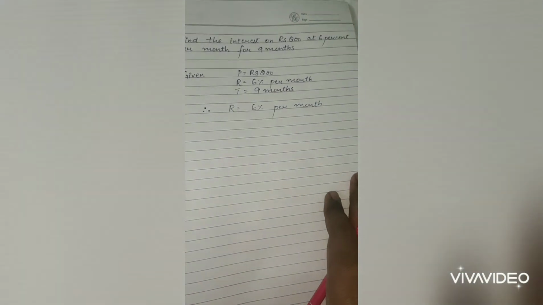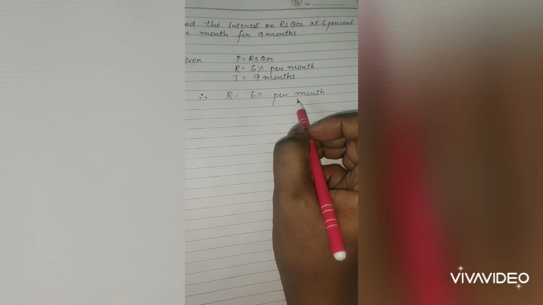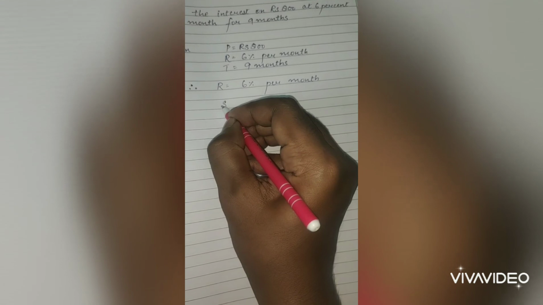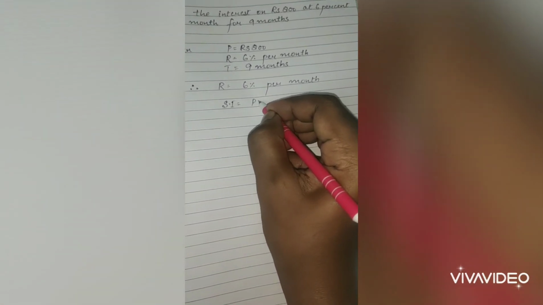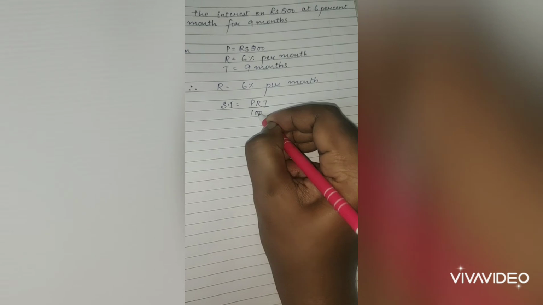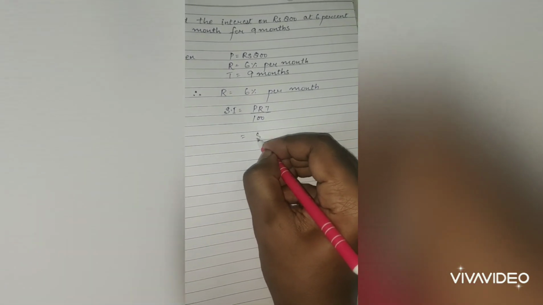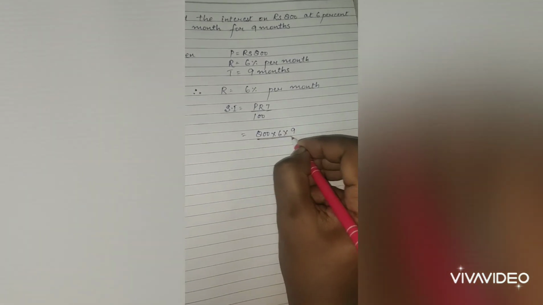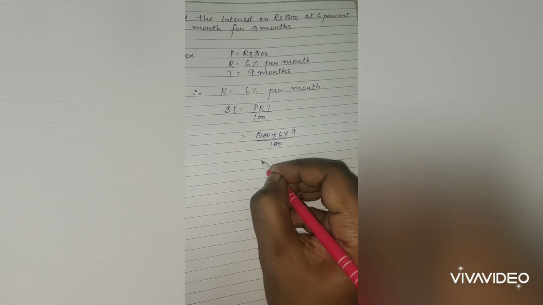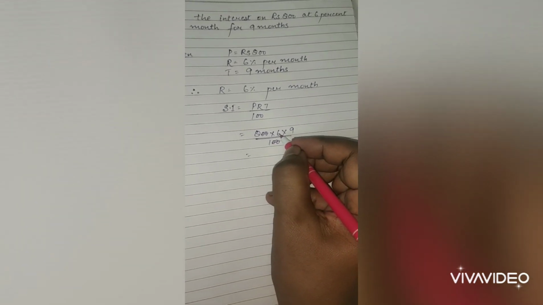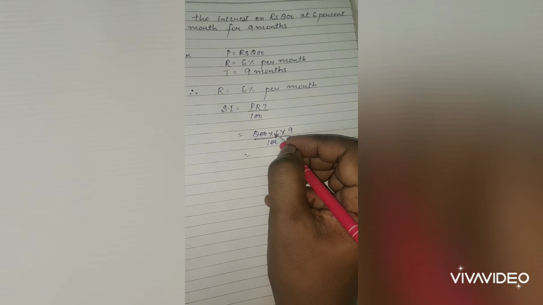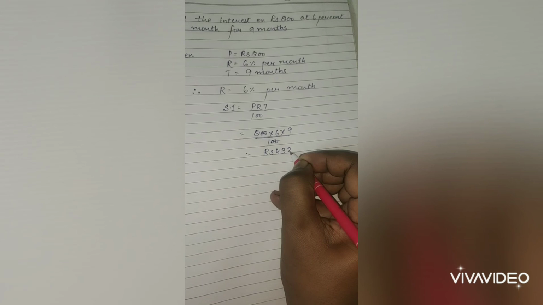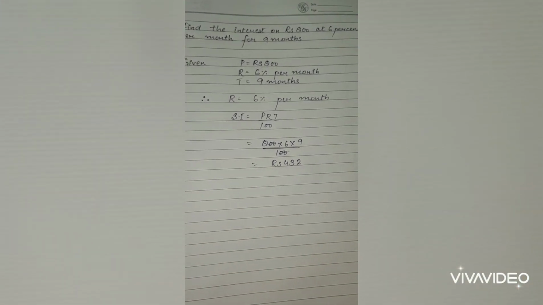First understand this: because the rate is given according to months, the time will be the same. So simple interest is PRT upon 100. Principal is 800, rate is 6, and time is 9. So this will be cut. Now 8 sixes are 48, and 48 times 9 is rupees 432. So I hope you have understood.